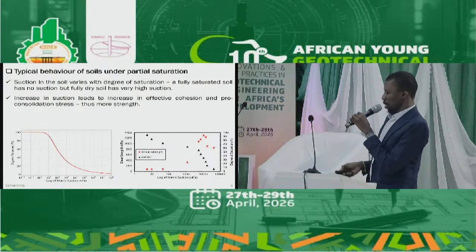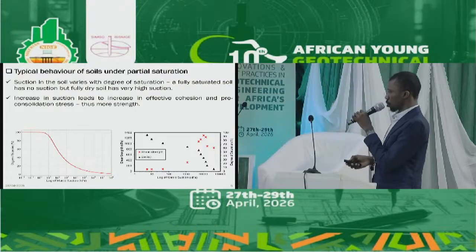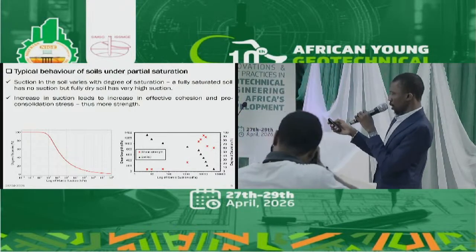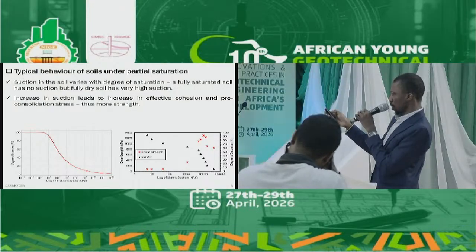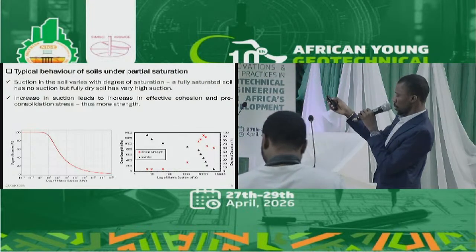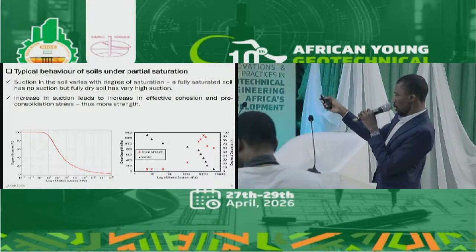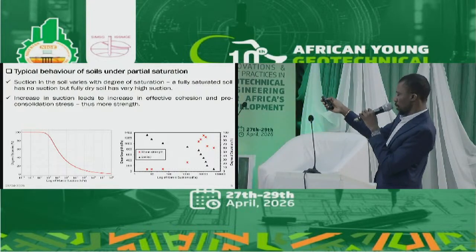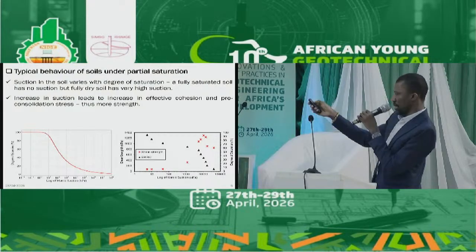For instance, I made an illustration where I used the soil water retention curve to predict the shear strength in soil. The secondary axis is the degree of saturation, while the primary axis is shear strength.